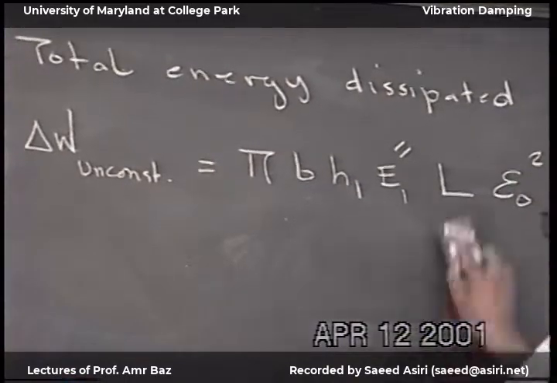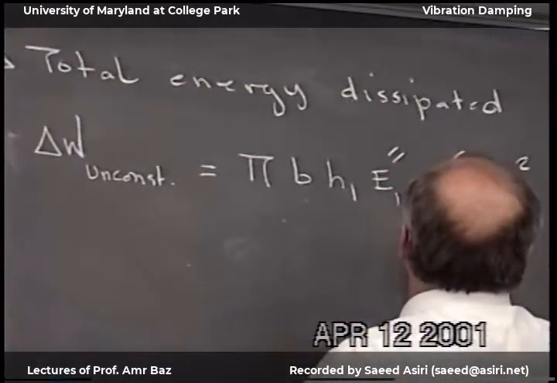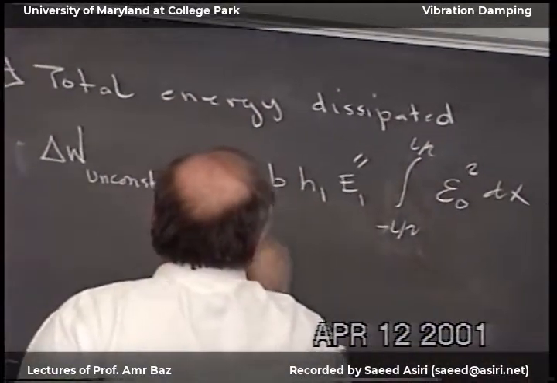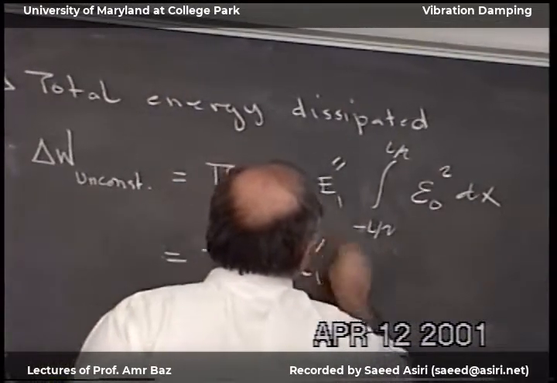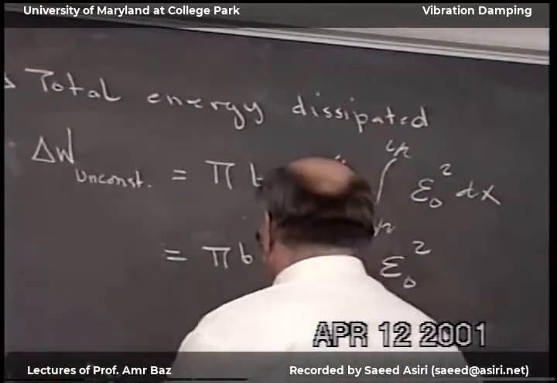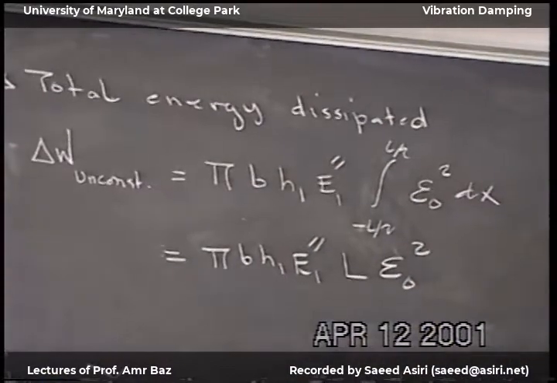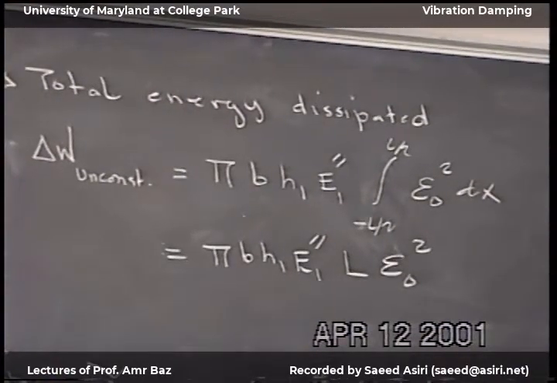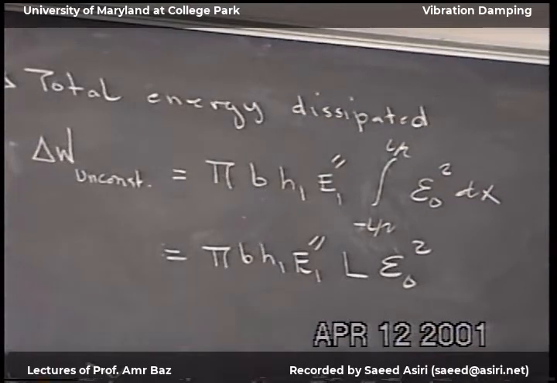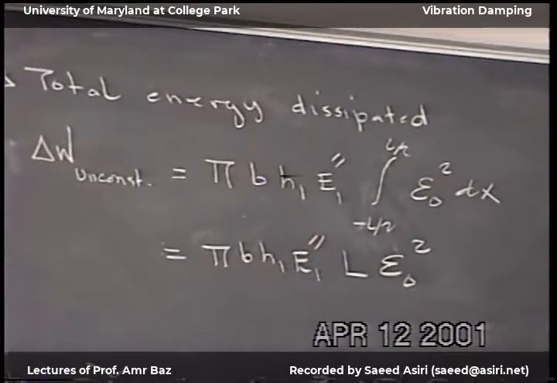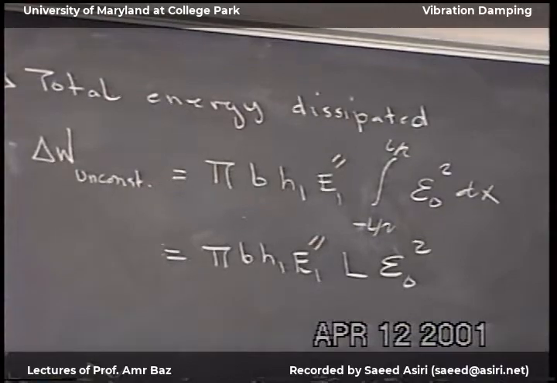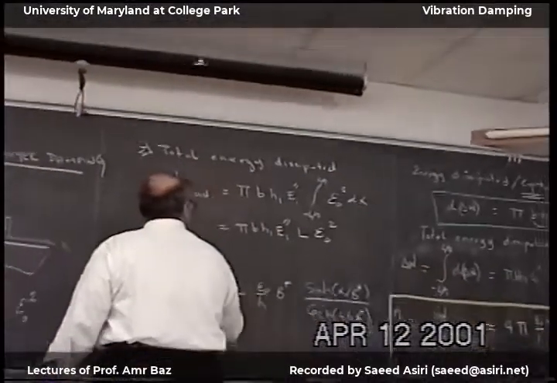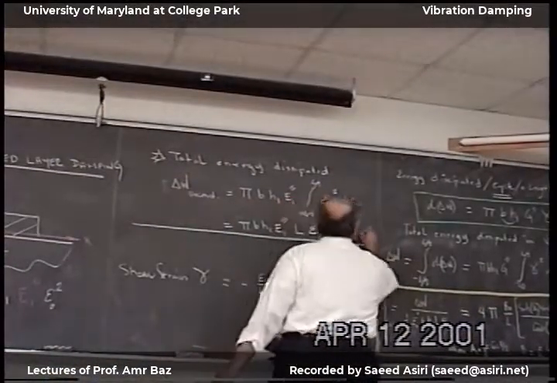Or let's just do it like this. Now I'm going to get the expression that we have for this, and then get the ratio between these two expressions. We'll call this equation 1.